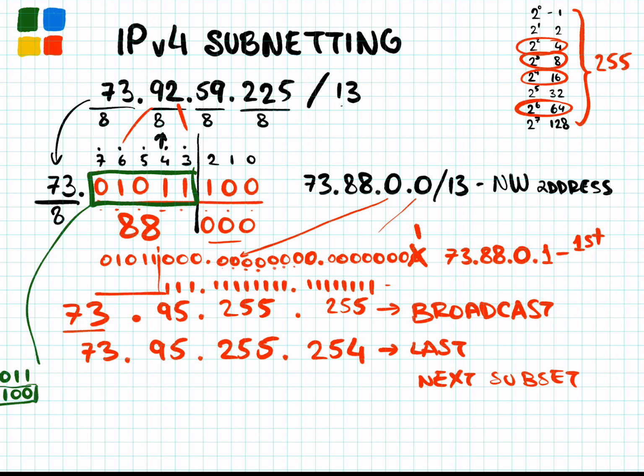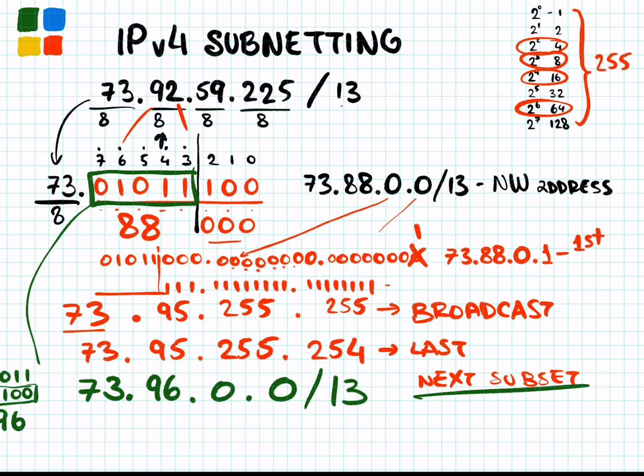As a decimal, this number becomes 96. So the next subnet would be 73, which we leave untouched, and instead of 95 it would become 96, and then all the rest we're putting at 0. So 73.96.0.0/13. This would become the next subnet. Hope that was helpful. Thank you very much.